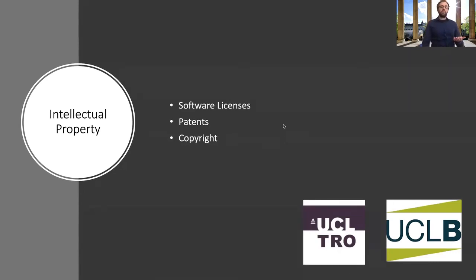Patents and copyright as well. Patents are really more about methodological patents. For instance, you've developed a method which uses a certain algorithm to do a certain thing, like using a deep neural network to analyze optical coherence tomography, or to predict the structure of a protein, or so on.